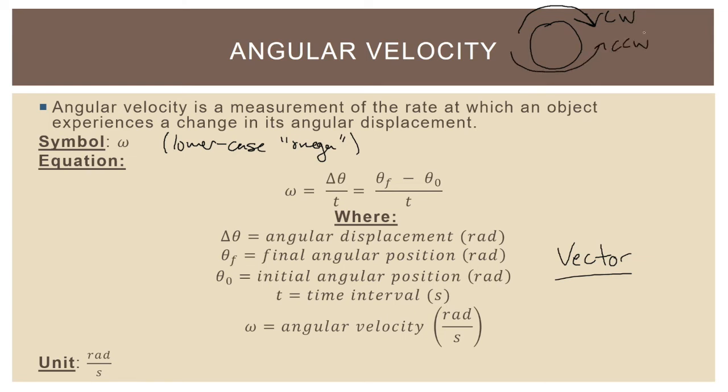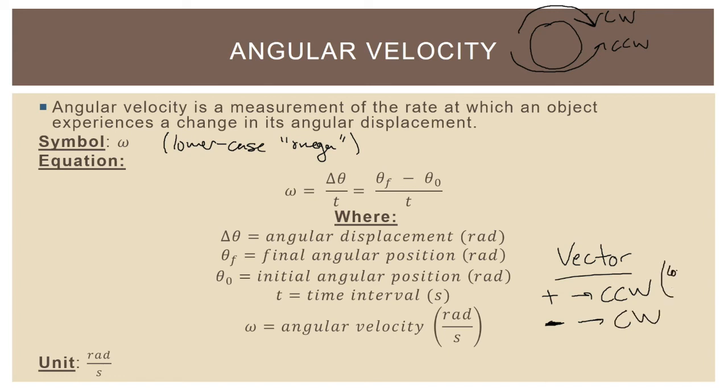One of those is positive and one of those is negative. Which one do you think is going to be the positive one? To my mind, it makes sense that clockwise would probably be positive, but it's not. It's counterclockwise. So if something has a positive angular velocity, then its angular displacement is counterclockwise.